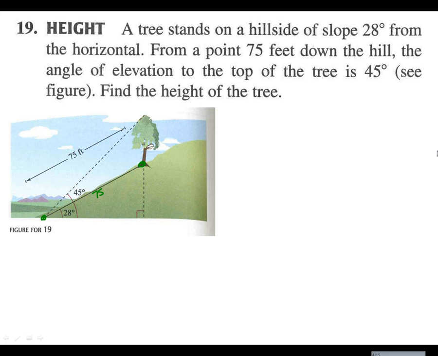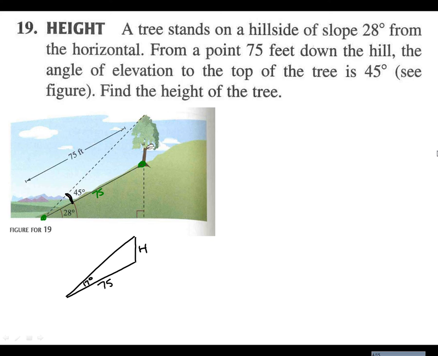Alright, well, we want to find this oblique triangle here with the height of the tree. We know that this angle in here is 45 minus 28, which is 17 degrees. And we do know that this side length here is 75. And we do want to find another angle before we're ready to go.